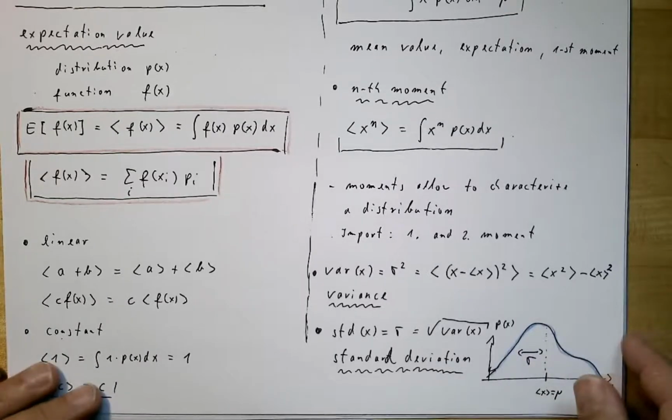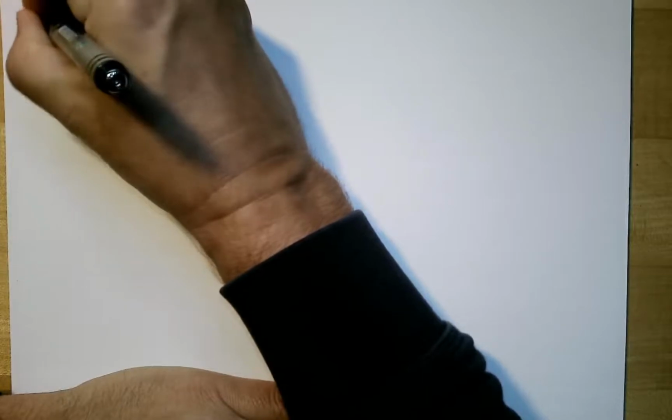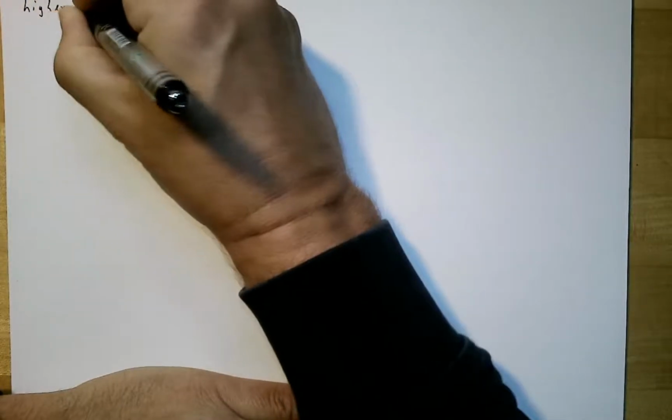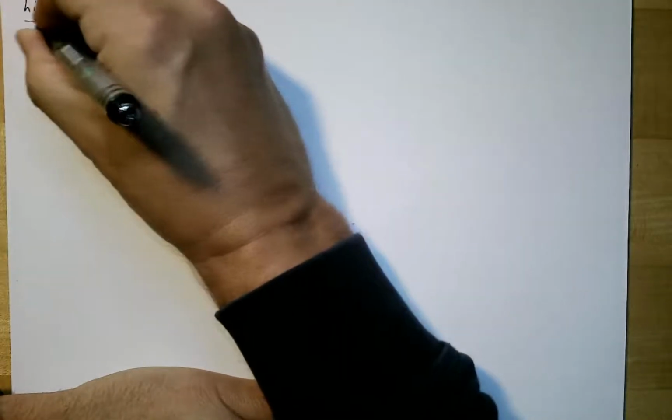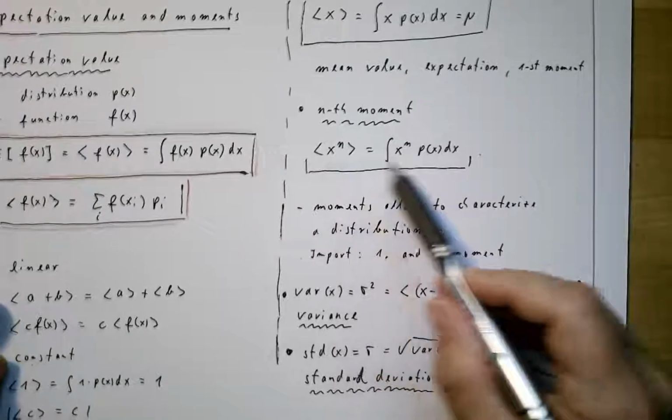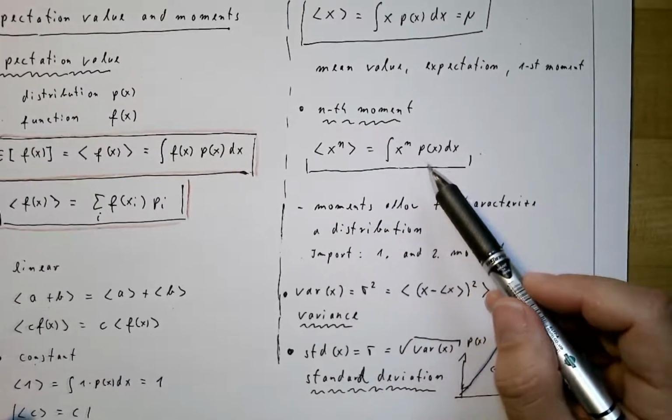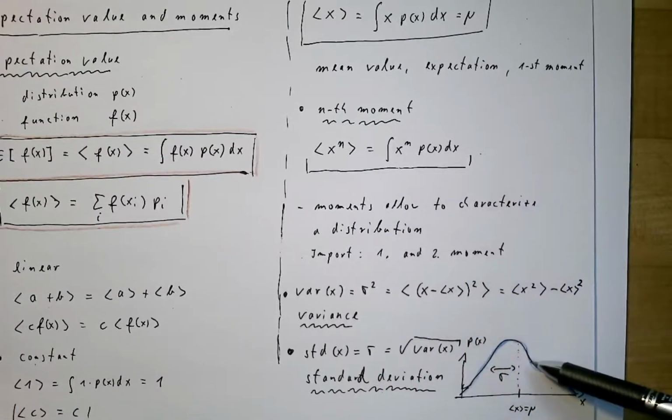Now in a similar way, we could continue and create higher moments. And in fact, you can prove that if we know all of these moments, we have this information, then we can recover our whole distribution.